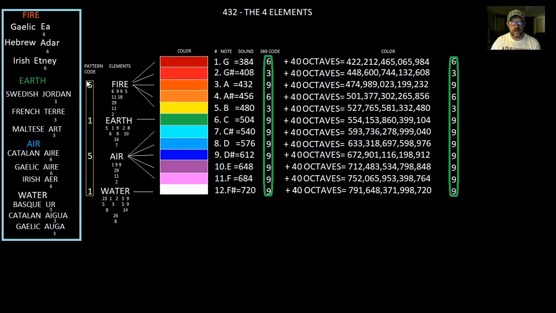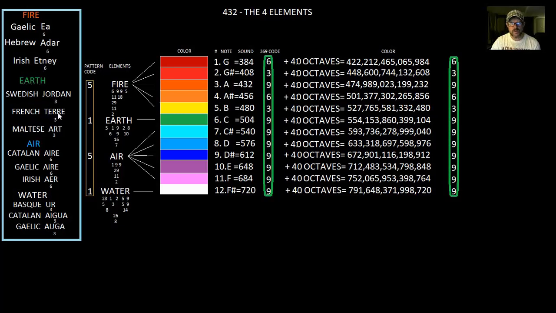So anyway, I coded these, and I went on the internet and I found some. The word for fire in Gaelic is this right here, and it codes to 6. The word for fire in Hebrew is right here, and it codes to 6. The Irish word for fire is this, and it codes to 6. The Swedish word for earth is here, it codes to 3.